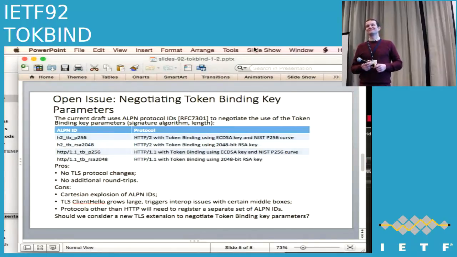So I think Hannes was perhaps overthinking this a bit. This particular negotiation is happening at the lowest level to determine what kind of key the browser or client is actually going to use, what algorithm it's going to use to authenticate itself on that particular TLS connection.